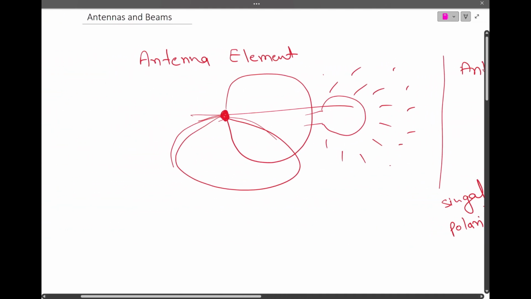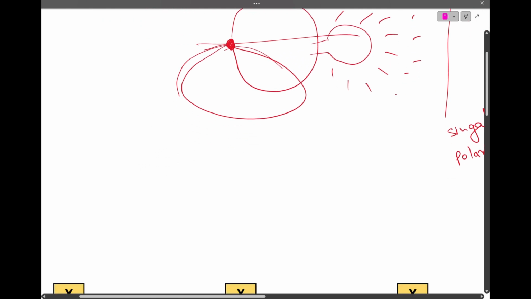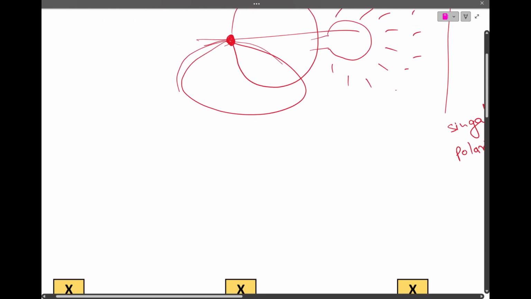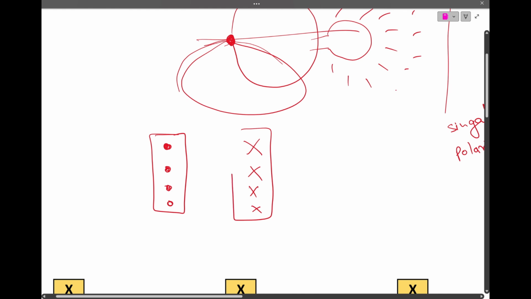Now let's understand what an antenna array is. An antenna array is nothing but a group of antennas placed together. These are four antenna elements placed together, or we can display them like this, or like this if there are two elements.